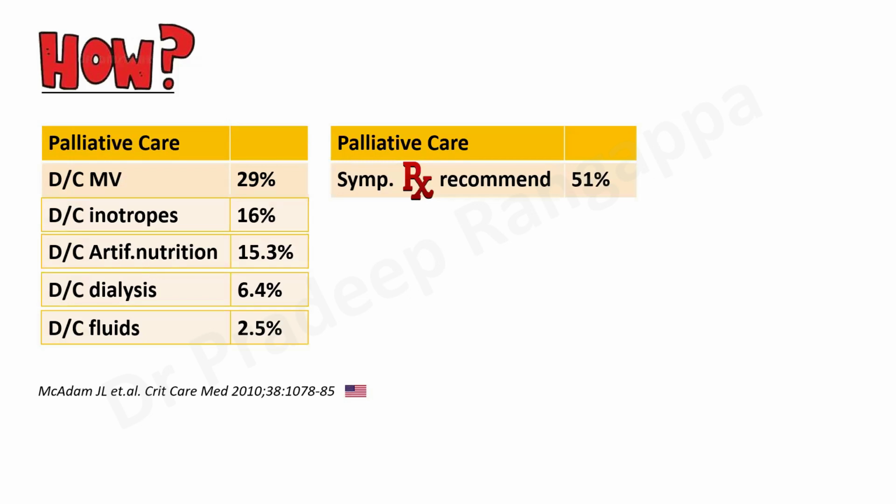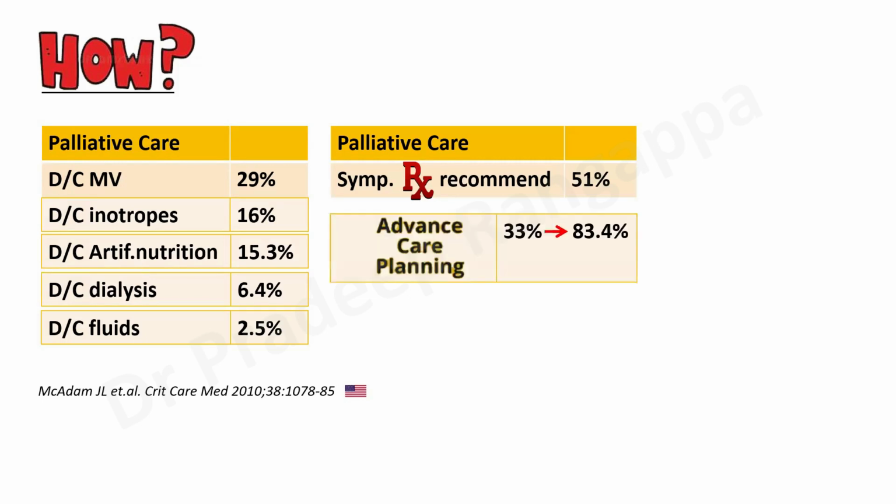And symptom treatment to alleviate the distress was recommended when palliative care was adopted in 51%. But what is important is advance care planning increased from 33 to 83.4% when the science of palliative care was included in ICU, which means there can be an advance directive where disproportionate treatment modalities are not adopted when we know for sure that there is no curative intent.